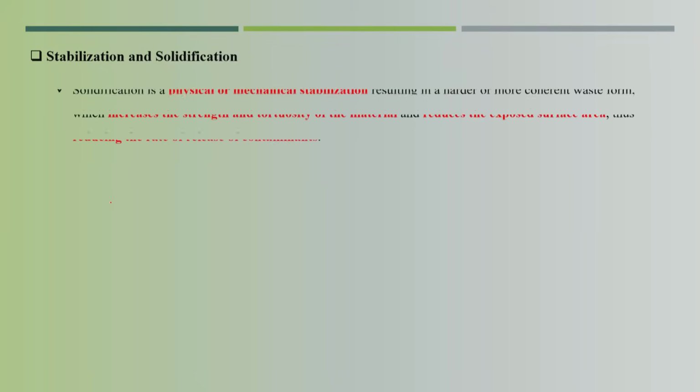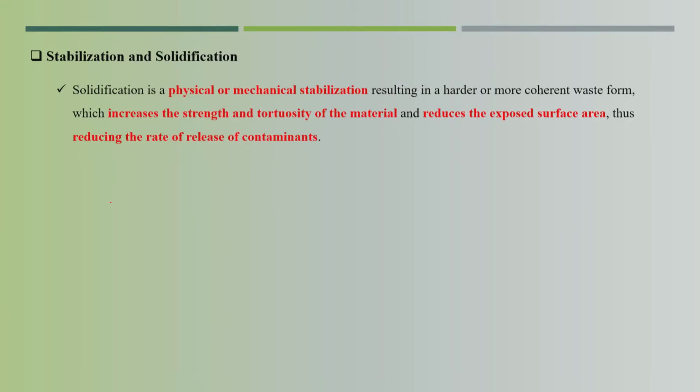Next is the stabilization and solidification. So, solidification is a physical or mechanical stabilization resulting in a harder or more coherent waste form, which increases the strength and tortuosity of the material and reduces the exposed surface area, thus reducing the rate of release of contaminants.